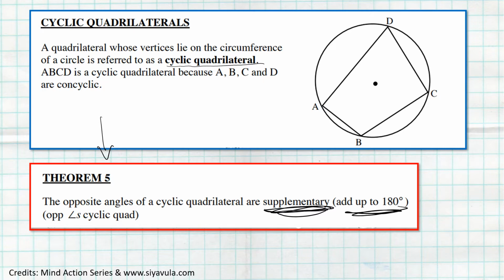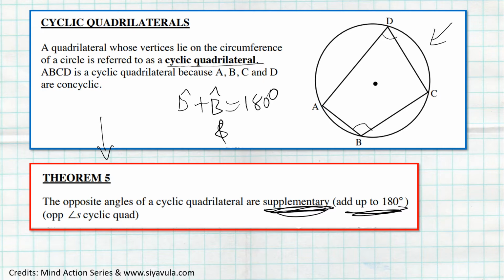In other words, we can deduce that, because ABCD is a cyclic quadrilateral, opposite angles, when we add them, angle D plus angle B will be equal to 180 degrees.